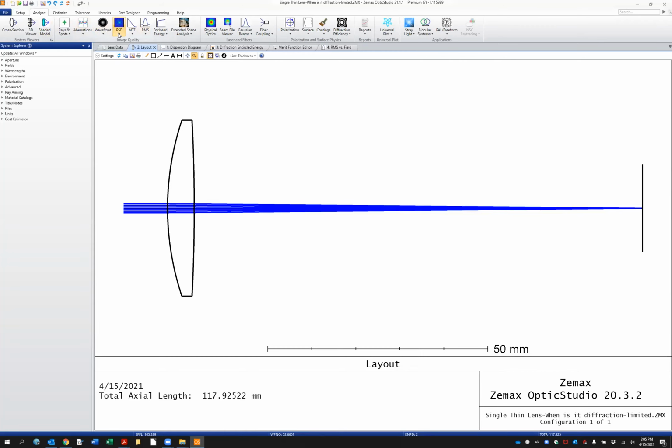Dr. Small, there's a question in the chat. In project 10, I forgot if we were supposed to use the FFT MTF or the Huygens one.